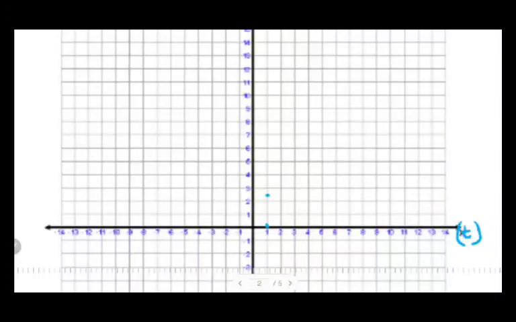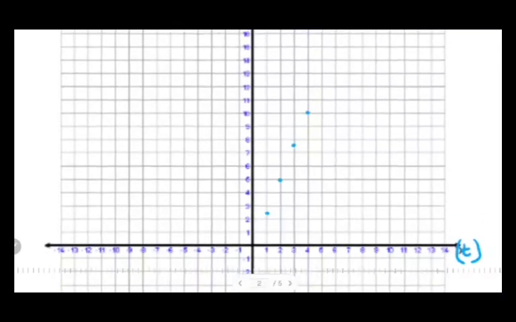Somewhere here is where I plot my first point. In 2 seconds it's going to be 5. In 3 seconds it's going to be 7.5. In 4 seconds it's going to be 10 sheets.